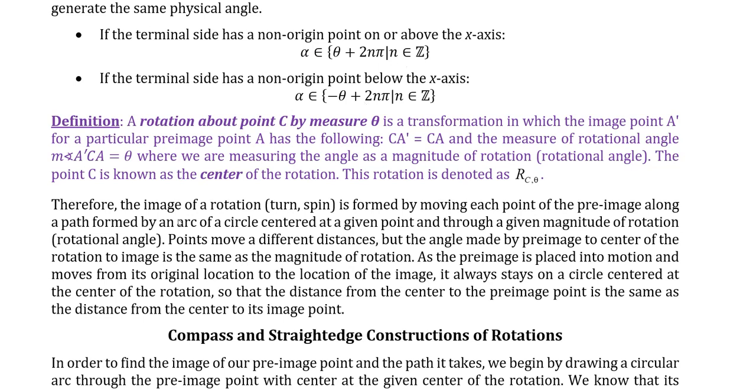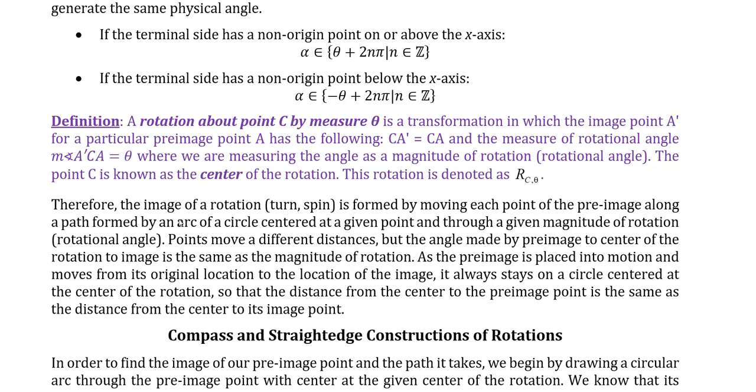Okay. So the image of a rotation, think of a turn or spin, might be informal words for that. It's formed by moving each point of the preimage along a path formed by an arc of a circle centered at a given point through a given magnitude of rotation. Points move different distances, but the angle made by the preimage, the center of the rotation, and the image is the same as the magnitude of rotation, at least measured as a rotational angle.